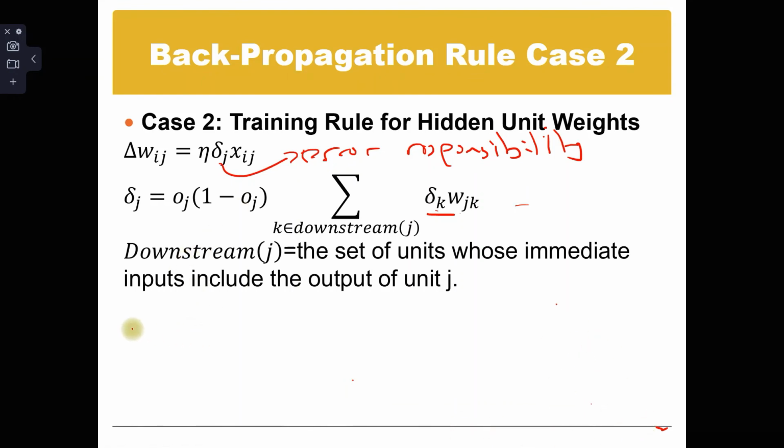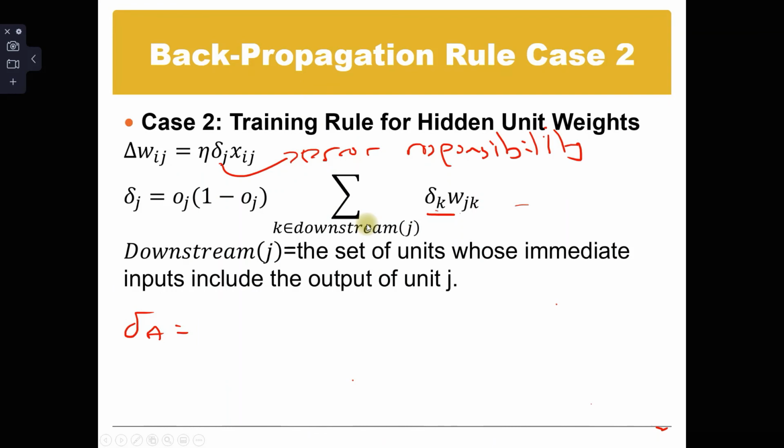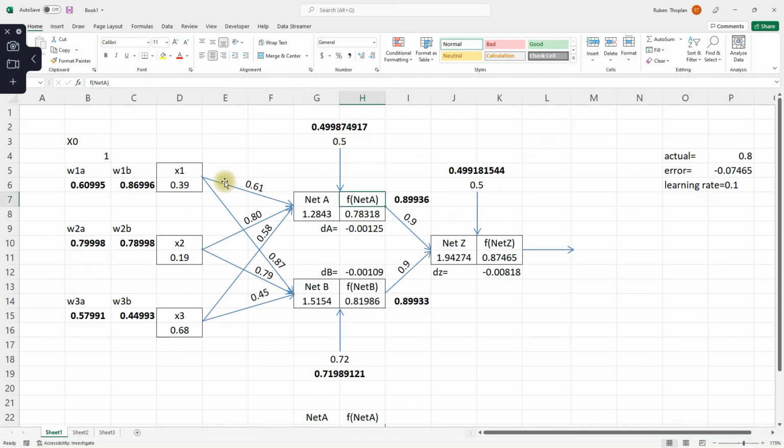So delta A is what we want to obtain for node A. It is obtained by taking the output at node A. What is the output at node A?